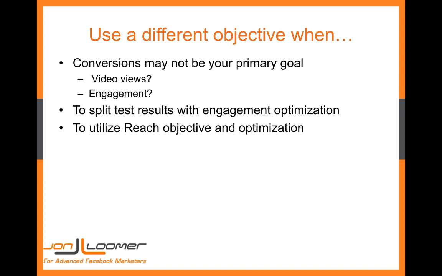I use the reach objective to reach those people promoting this training program, spending very little every day, just trying to reach as many of those people as I can, but not overdo it. So I'll limit the frequency as well. But always testing. Once again, try different objectives. There is no black and white that this is universally always going to work better than the other thing. You should try different things.